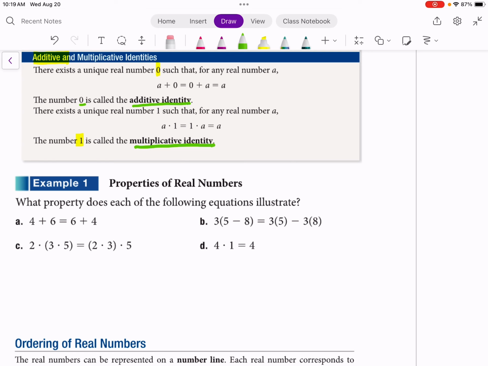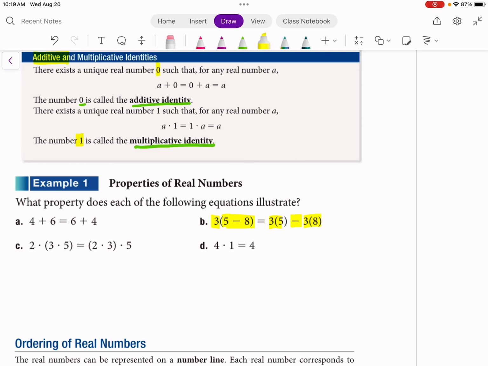What about B? For B, we have a product: 3 times (5 minus 8). So we have a product of two numbers, and they write it as a difference of two numbers, and this is the distributive property. So the first one is commutative, the second one is distributive.